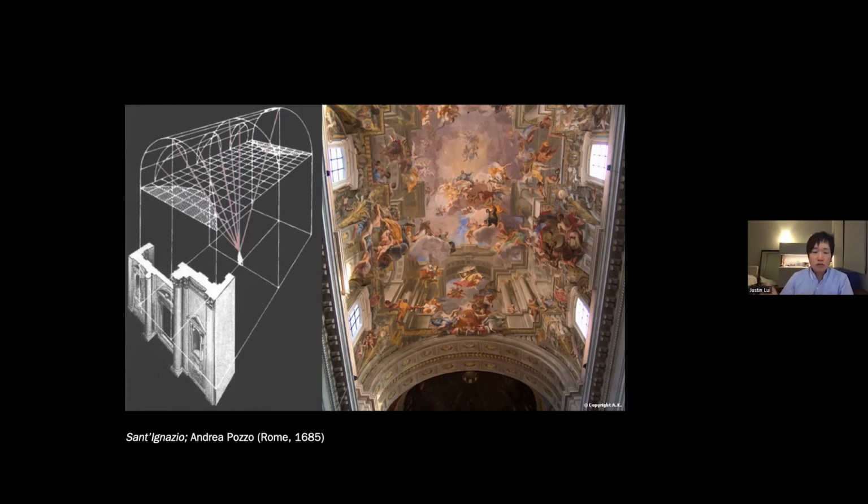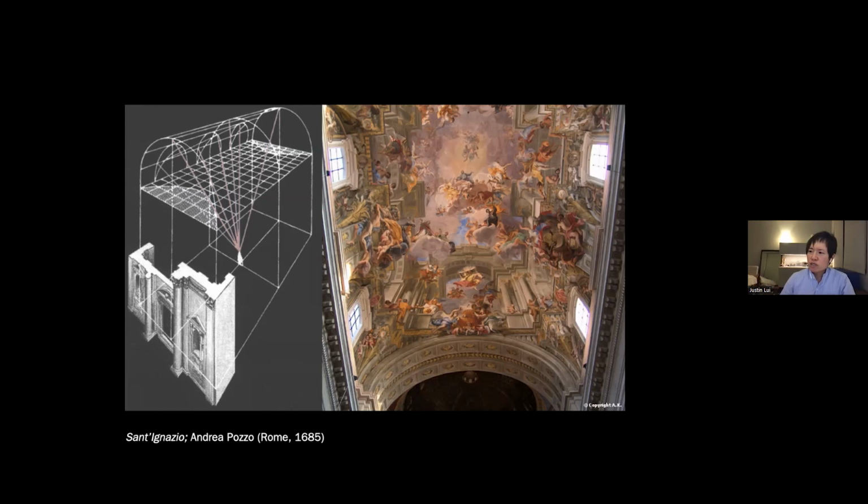It has the illusion of a curved surface, but also an illusion that it's opened up to the heavens. And it's a church, so it's got biblical characters and God in the middle, explaining the order of the universe according to Catholicism, illustrated onto the ceiling of this church.